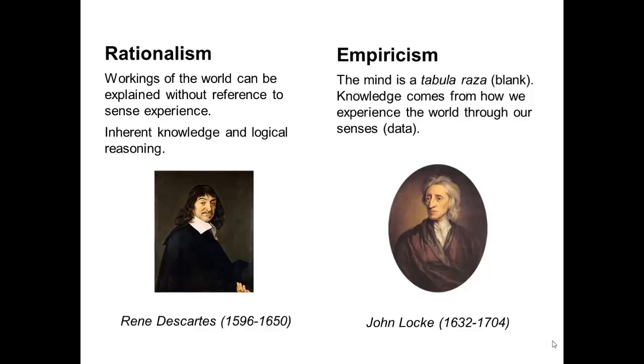A couple of the flag wavers for the two approaches: René Descartes in regard to rationalism, and John Locke regarding empiricism. With rationalism, the workings of the world can be explained without reference to the experience of the senses. We have inherent knowledge and are able to make logical reasoning from within ourselves.